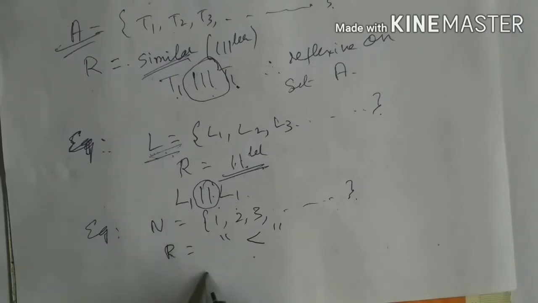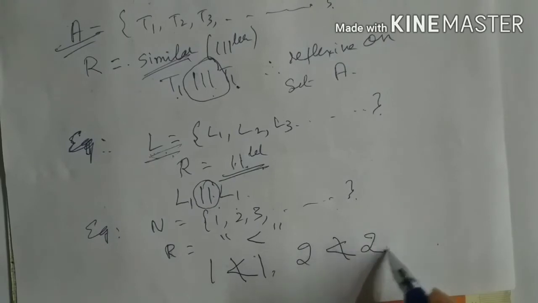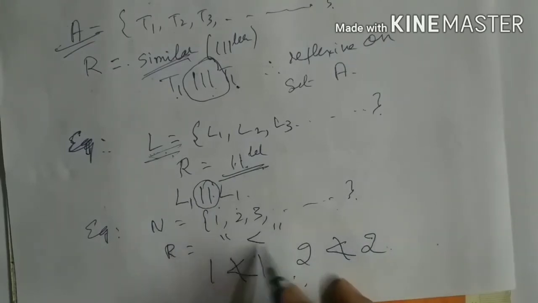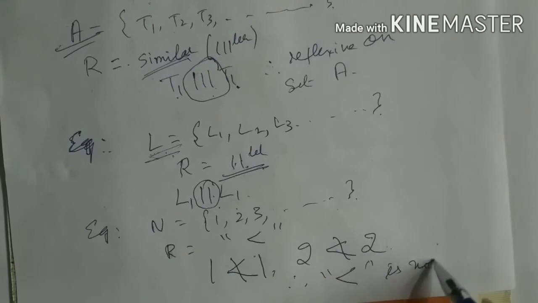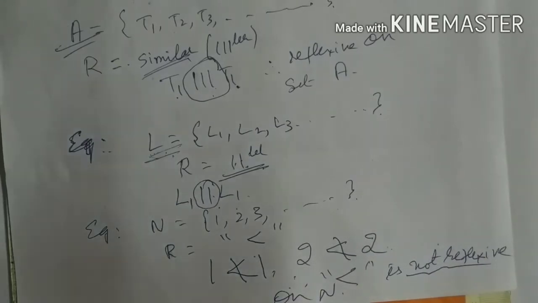We know that a natural number cannot be less than itself. Therefore, what we can say is the relation less than is not reflexive on the set of natural numbers.